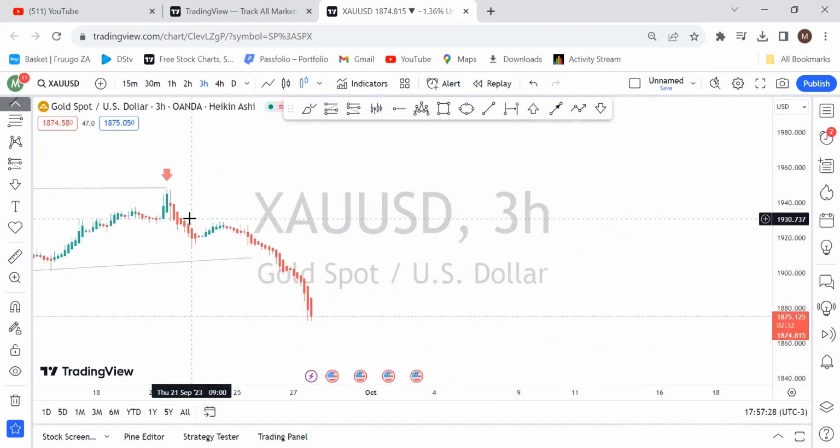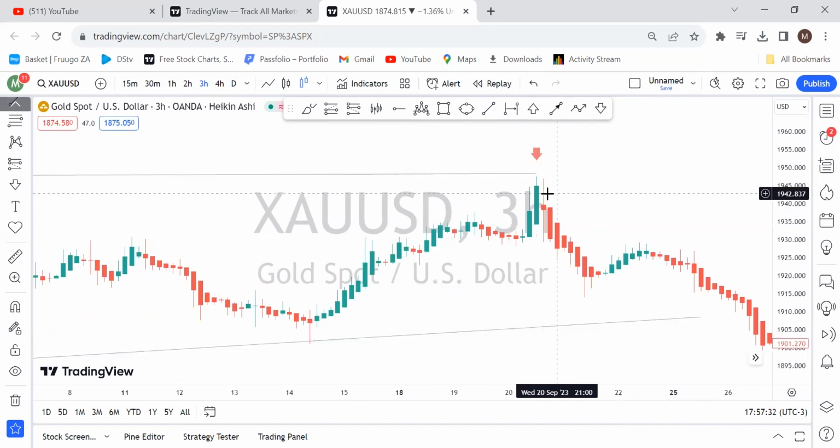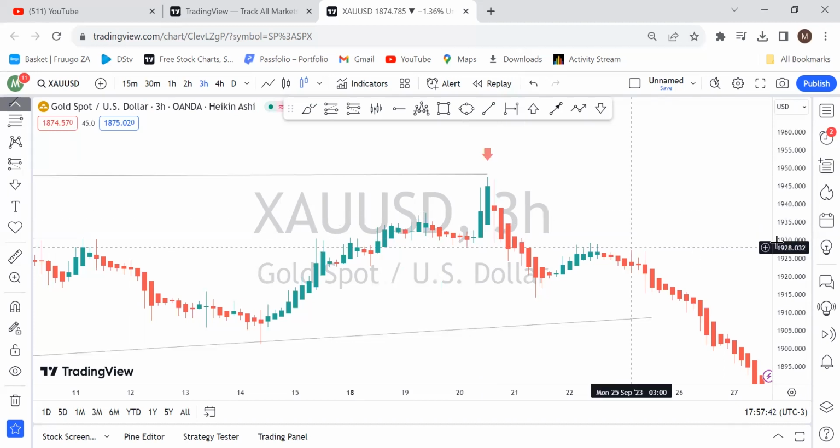So you focus on the third touch, and what do we see at the third touch? This huge reversal candlestick right there, followed by selling candlesticks with no wicks on top, which shows you that it has momentum to the downside.